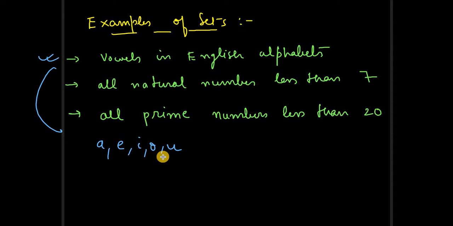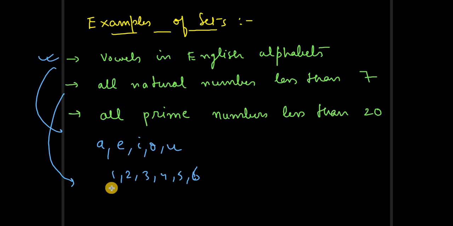Now all natural numbers less than 7 is also well defined because we are defining it very precisely. We have 1, 2, 3, 4, 5, 6, and 7 is not included. So 1 to 6 are all the natural numbers that are less than 7.